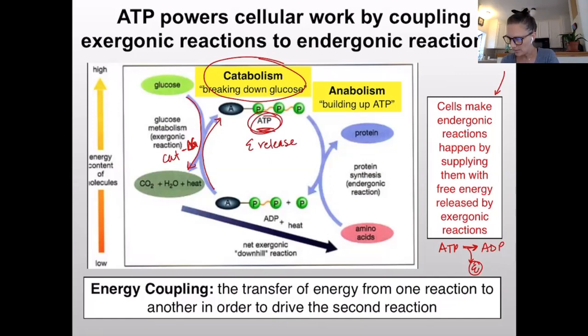Then, as we break that down, what we're going to see is that we use ATP, meaning we hydrolyze it to drive the reaction of other things, such as the building up of amino acids to proteins, or glucose to glycogen, or nucleotides into nucleic acids, etc. So all of the building up of those biological molecules, which we know are super important, is driven through ATP hydrolysis.